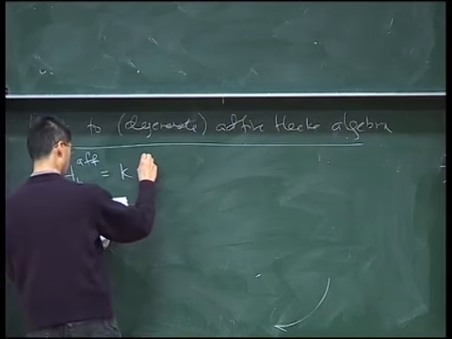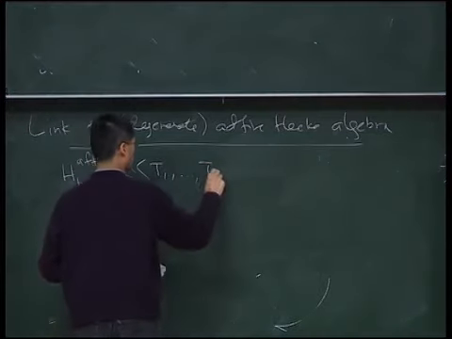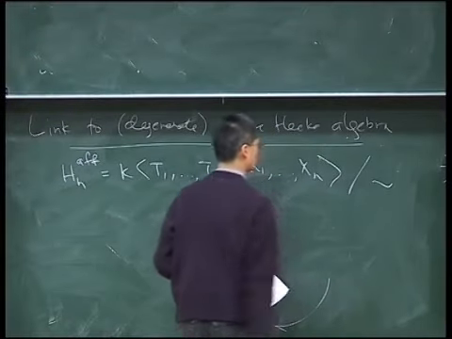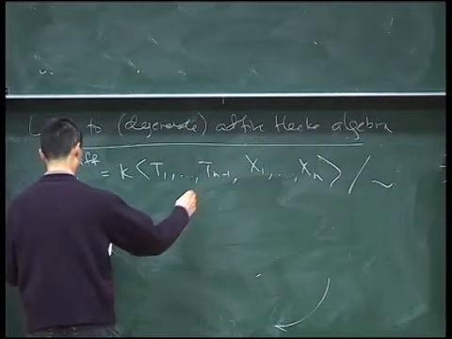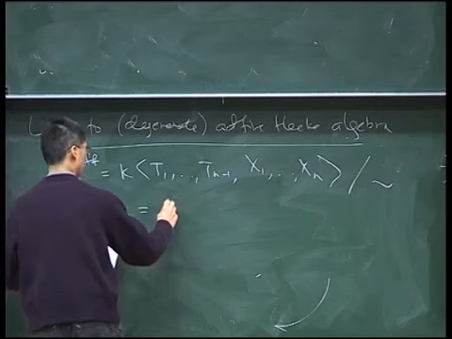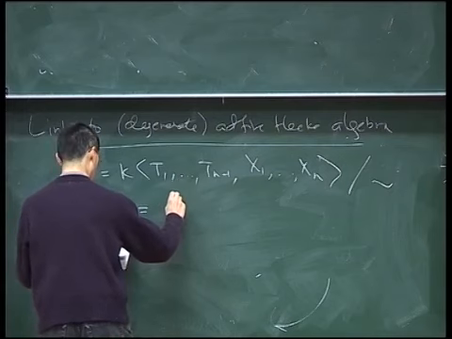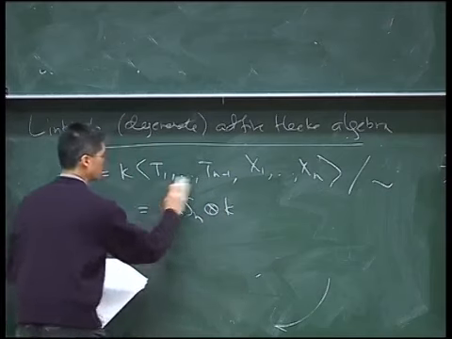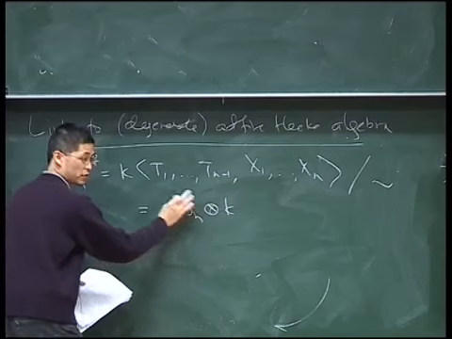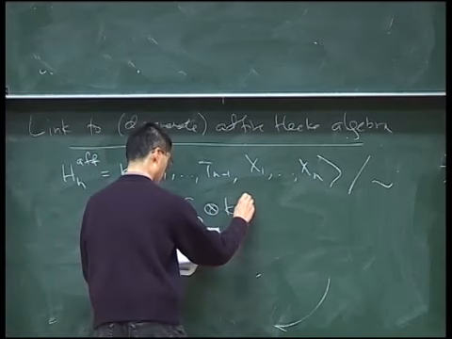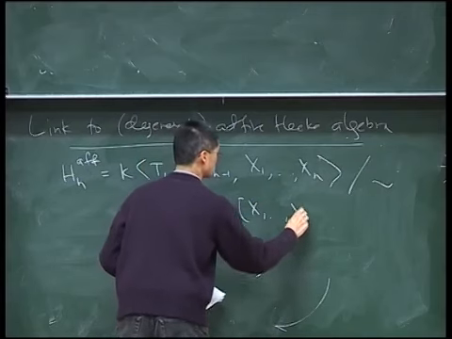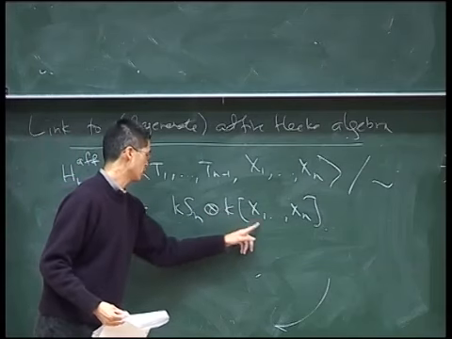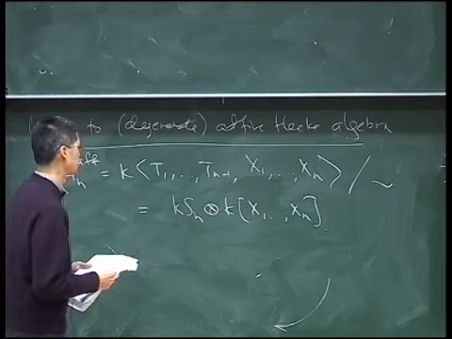So we have generators t1 through t_{n-1} and x1 through xn, subject to various relations, which give you the structure, at least as a vector space: the t's generate a subalgebra isomorphic to the group algebra, and the x's give you a polynomial subalgebra. And then you get an interesting relation between the t's and the x's.